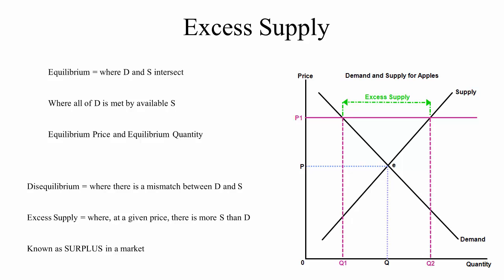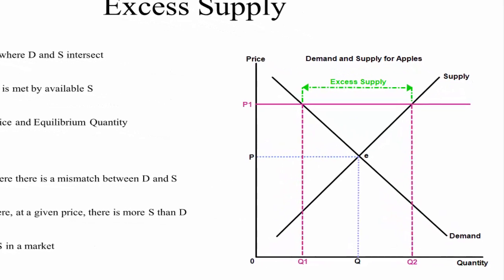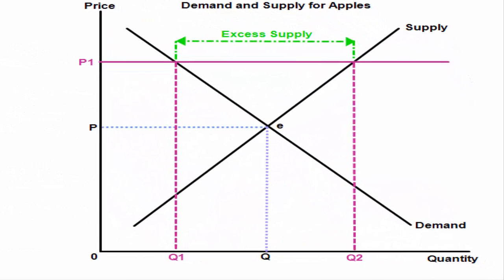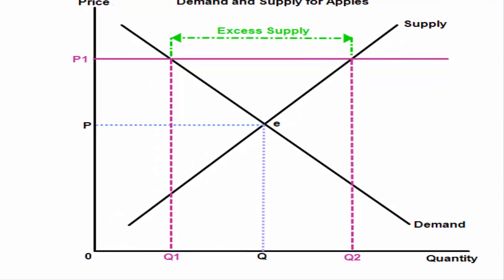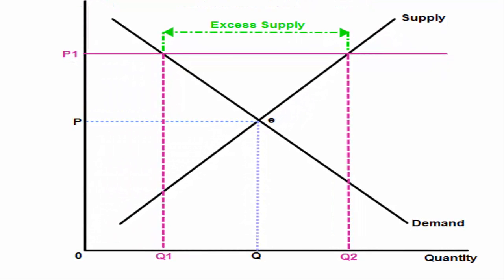And if we look at the graph, we can see that if we pick price P1, there's going to be quantity Q2 supplied at that price because of the profit incentive. That's higher than the original equilibrium price, so therefore more suppliers are going to be willing to supply at that price. The demand at that price, though, is only Q1.